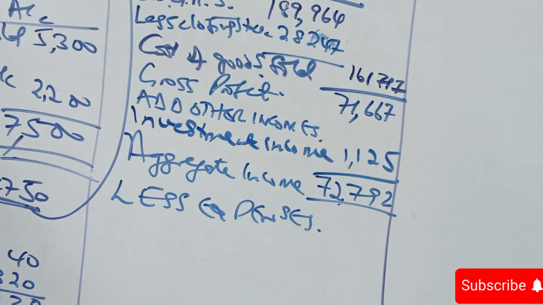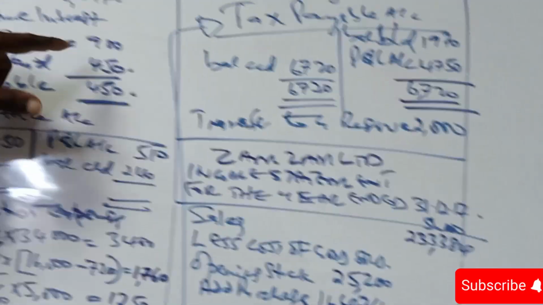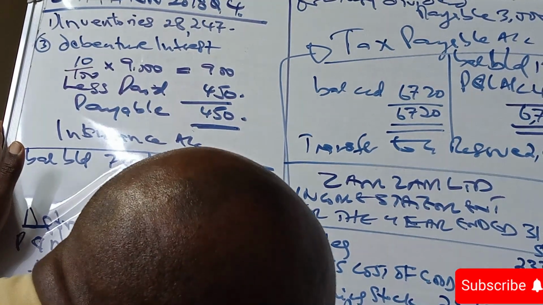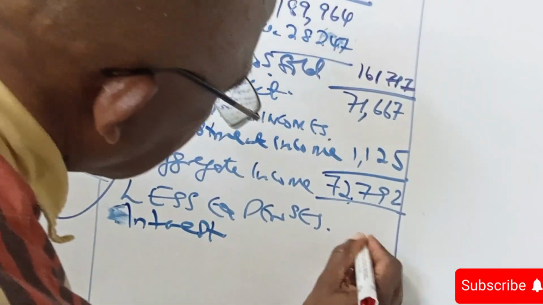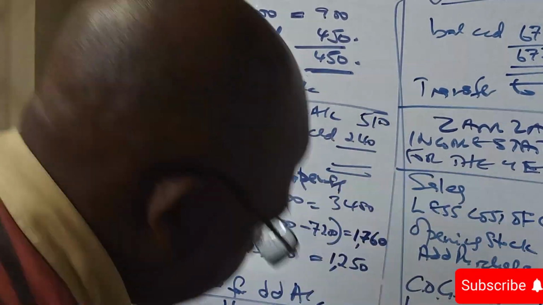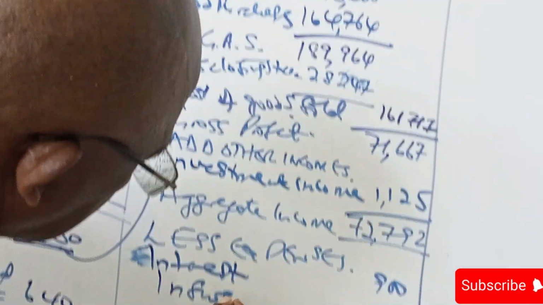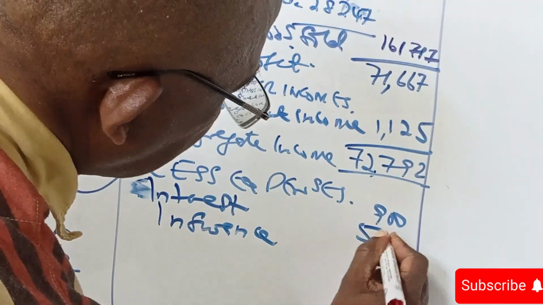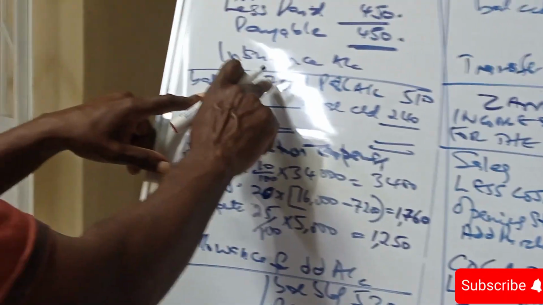If you look here, we start with the debenture interest, or we call it interest expense, 900. Then insurance, 510. Please mark, I'm not capturing 750.